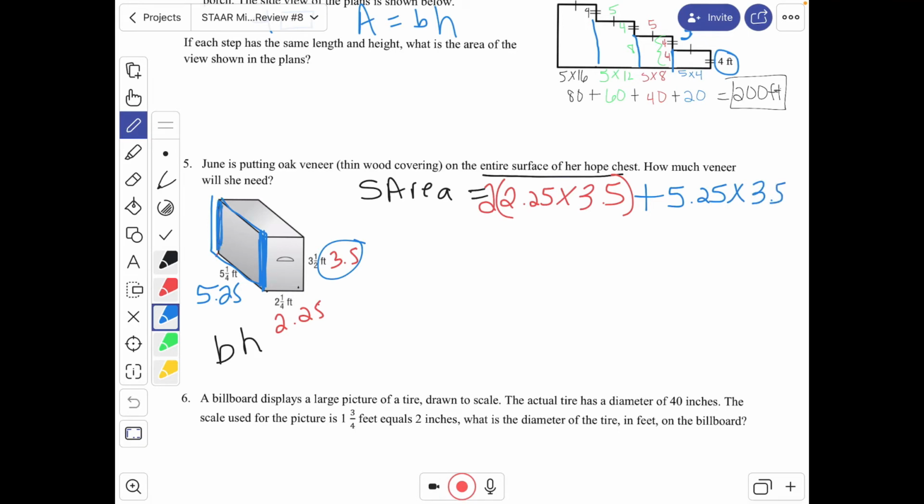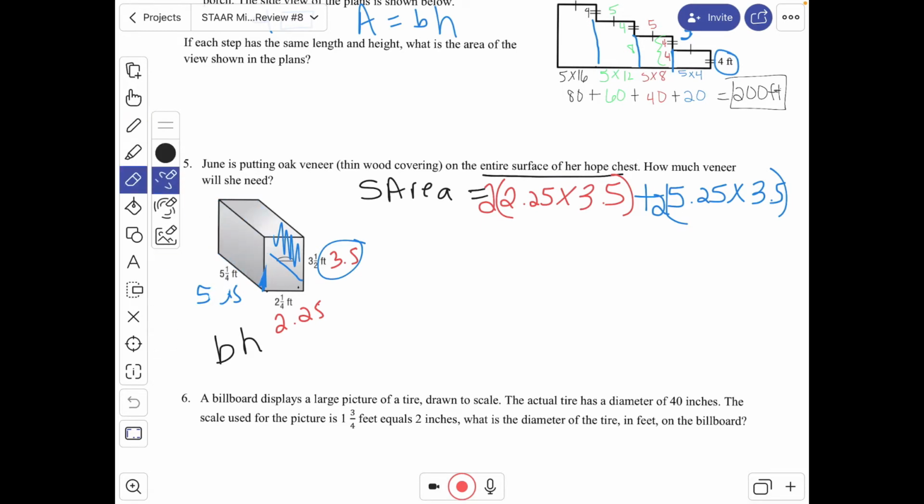And just like before, this side here is probably the same as this one over here on the right that we can't really see. So we need to multiply times 2. And we have one more. It's the one on top.